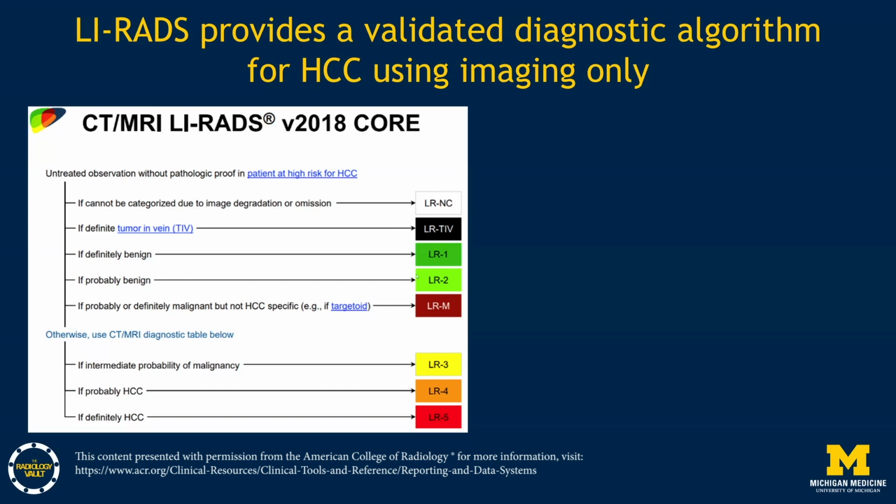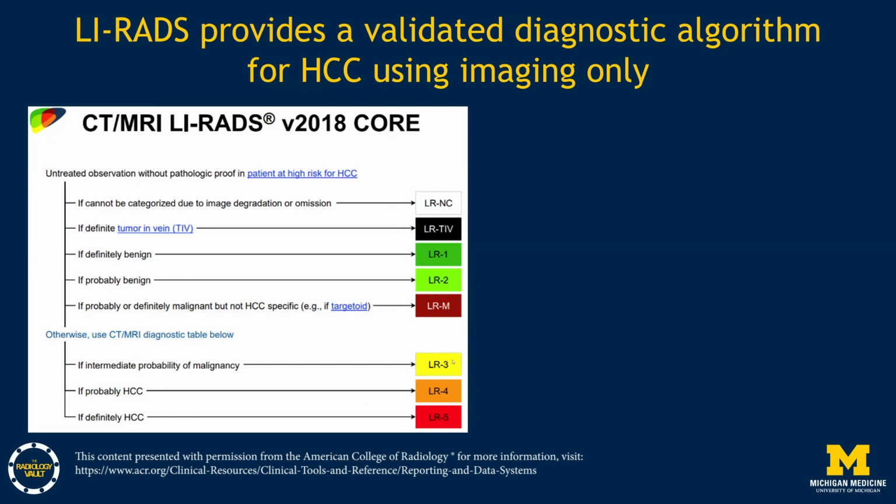If the lesions are certainly or definitely benign, including cyst, hemangioma, or perfusion alterations, these will be called LR1, LR2. If an observation has a targetoid appearance and does not conform to the features of LR3 to LR5, but looks suspicious and malignant concerning, this will be categorized as an LR-M.